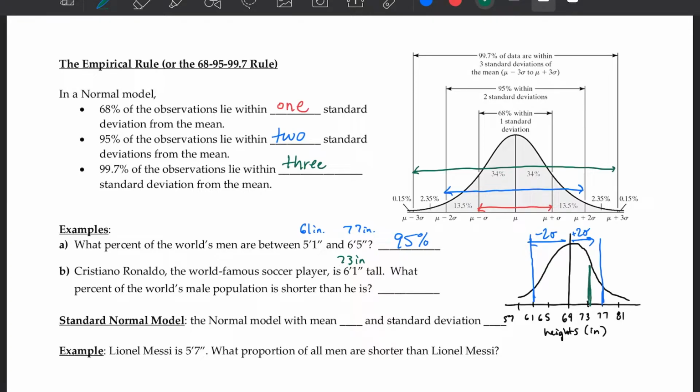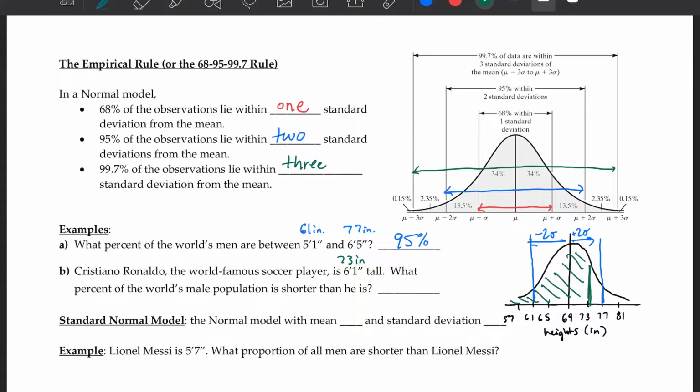But this time I'm not interested in between here. I'm actually interested in all of this. I want to know, what is all that shading, all that percentage there to the left of that? Why don't you take a moment and see, can you figure out what percentage that's going to be, and how does that make sense?